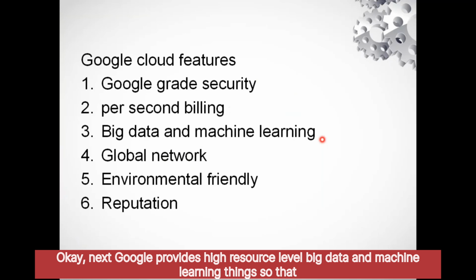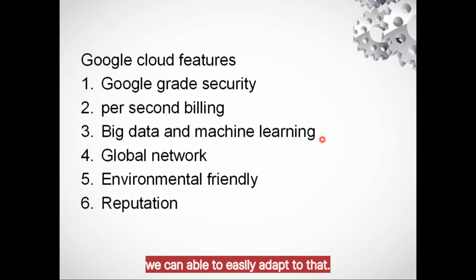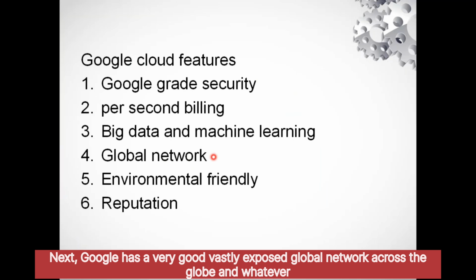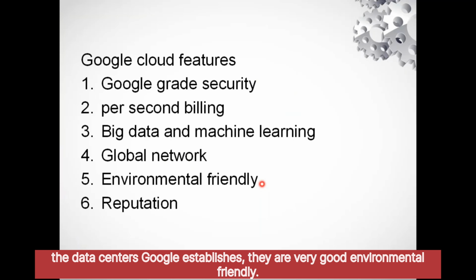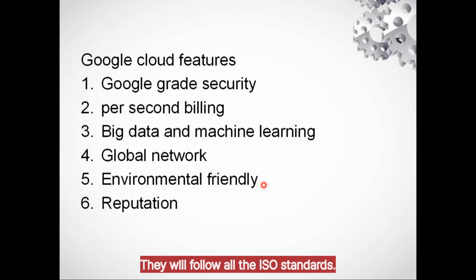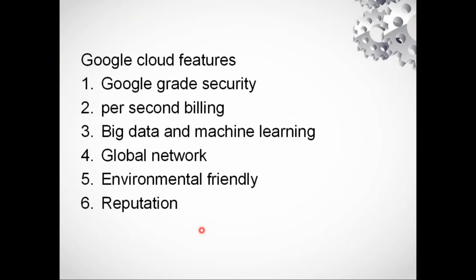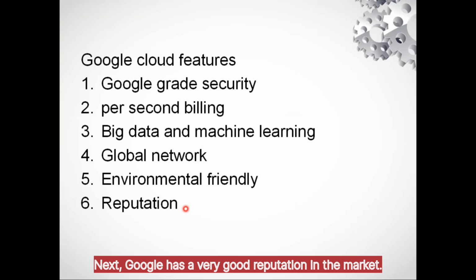Next, Google provides high-level big data and machine learning capabilities so that we can easily adopt them. Next, Google has a vast global network across the globe. Whatever data centers Google establishes are very environmentally friendly, and they follow all the ISO standards. Next, Google has a very good reputation in the market.